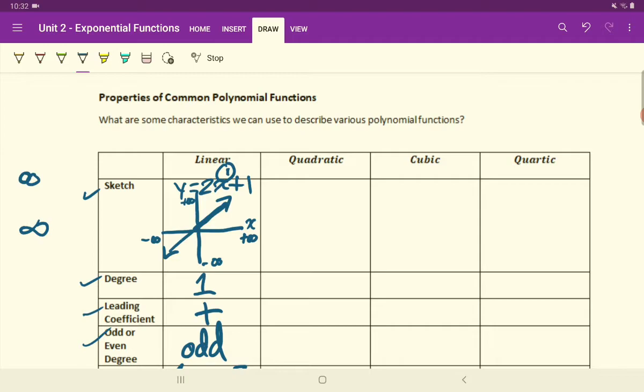Towards the right, as x approaches positive infinity, this line is going up, correct? That means that y is also approaching positive infinity. And in the other direction, as x approaches negative infinity, this line is going downwards and y is also approaching negative infinity.